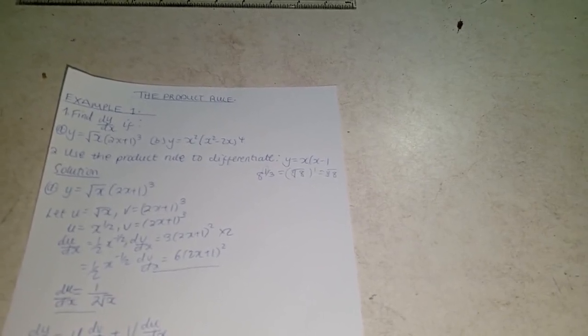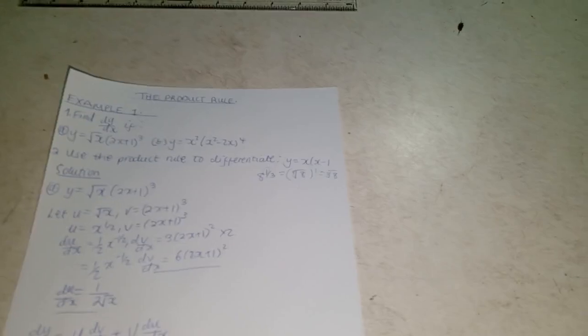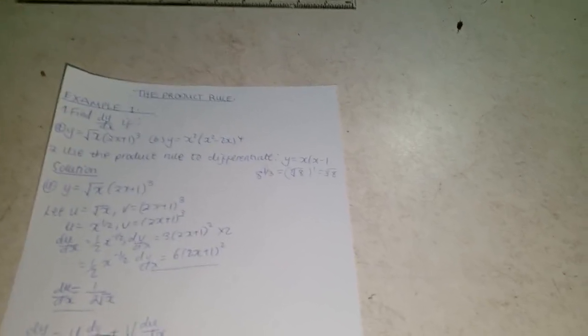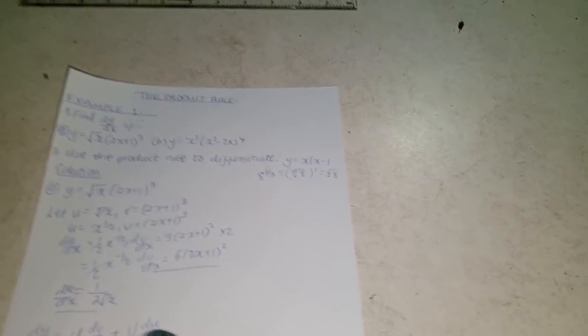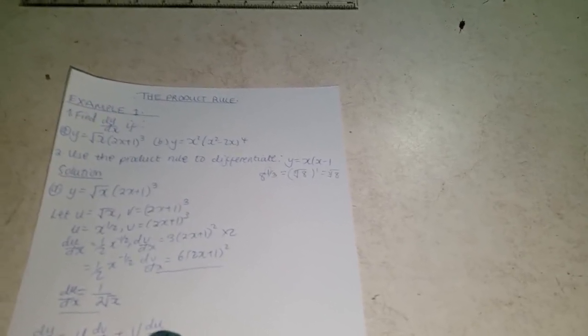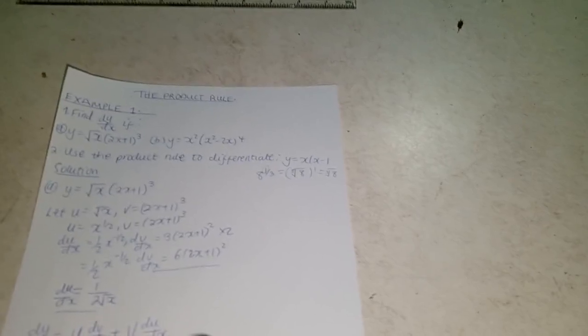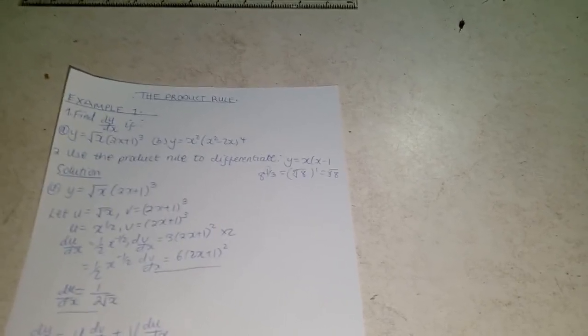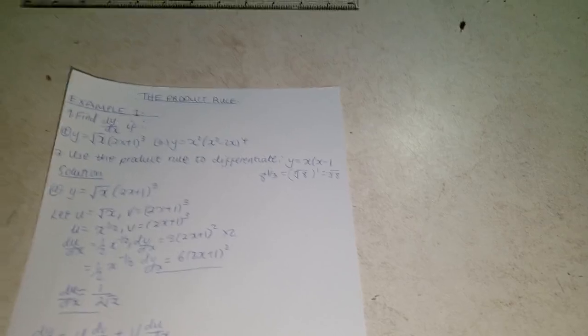I hope you can see that. And then to continue, this is going to become equal to 6 multiplied by square root of x multiplied by (2x + 1) raised to the power 2 plus 1 over 2 root x, like that, multiplied by (2x + 1) raised to the power 3.